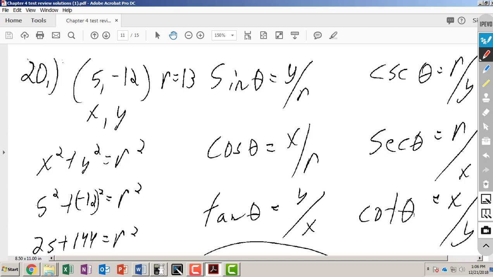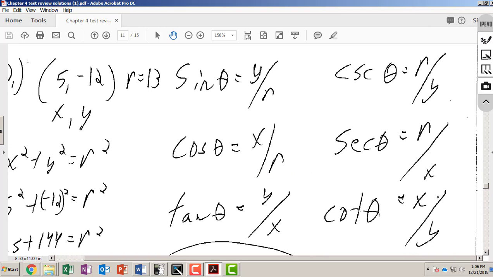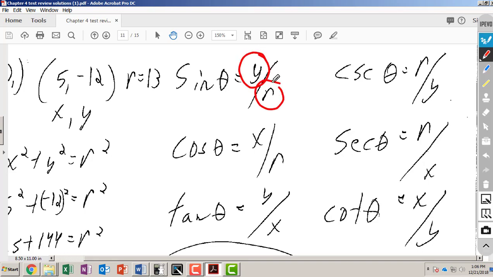So the first thing I do is I remember my right triangle trigonometry, written in coordinate form. The sine of theta is your y-coordinate divided by the radius. Cosine of theta is your x-coordinate divided by the radius.